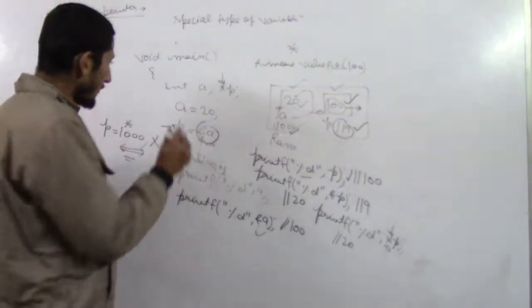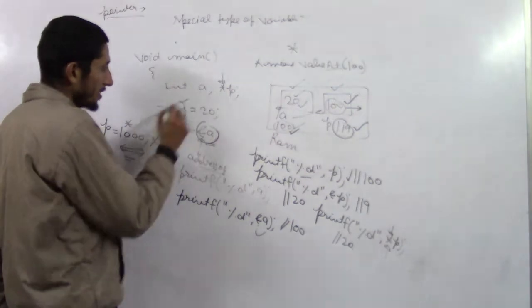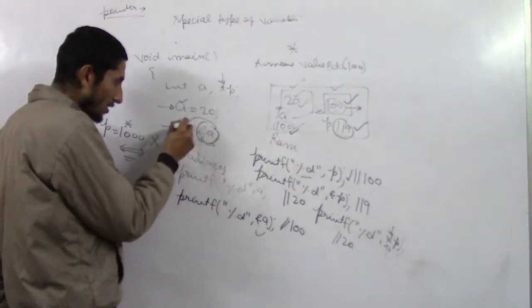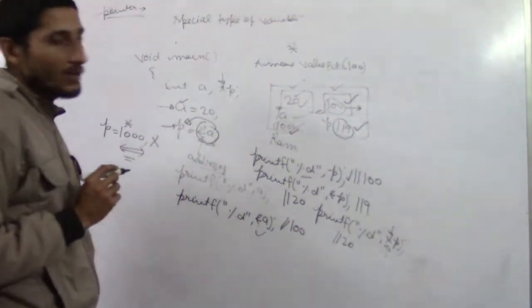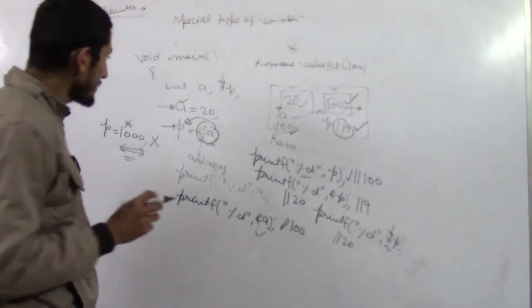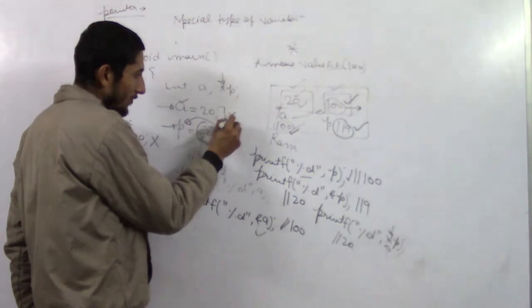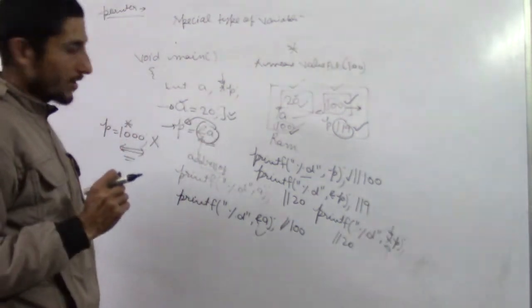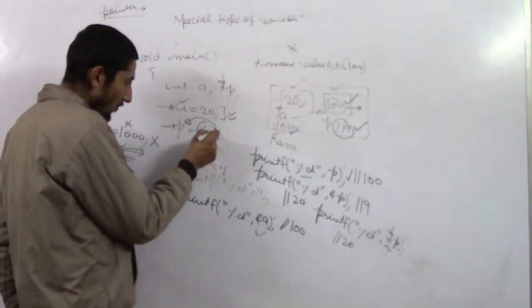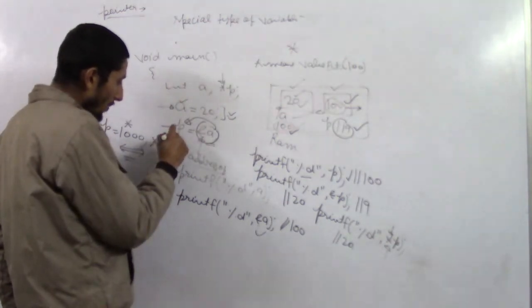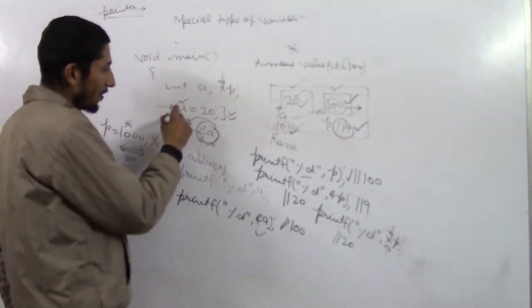You have created a, so you have a right to access a. That's why I am assigning the address of a to p. Are you following this? Because I have taken a, I have a full right to change the content of a as well as to process the content of a. That's why I have assigned the address of a to p, so that I have a complete right on p as well as on a.